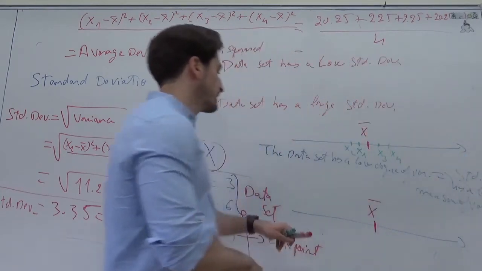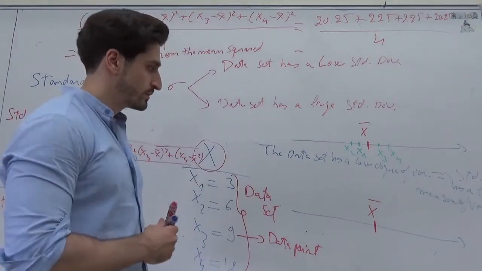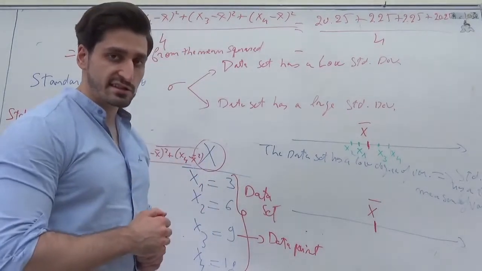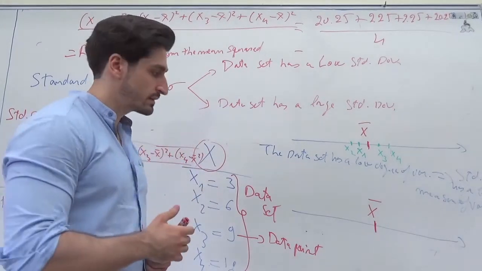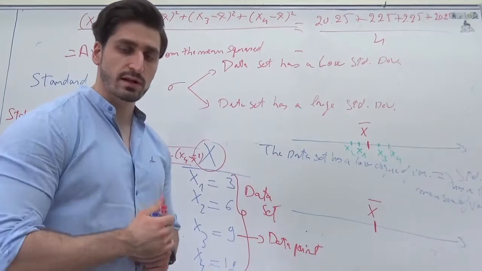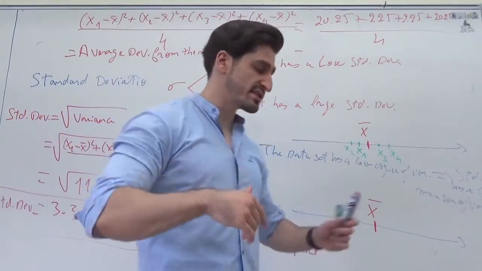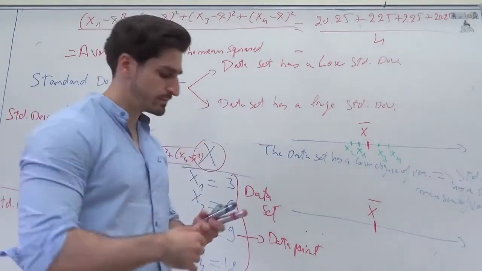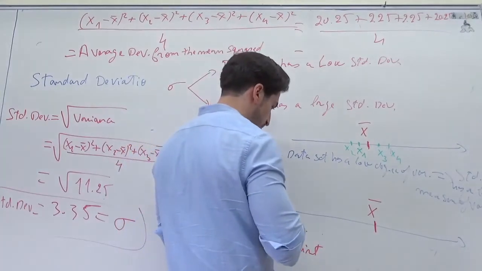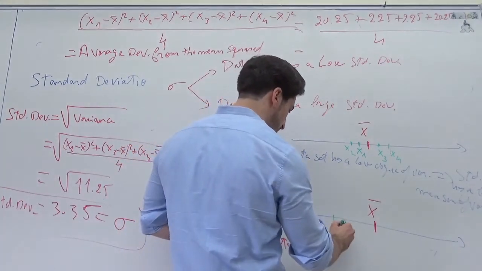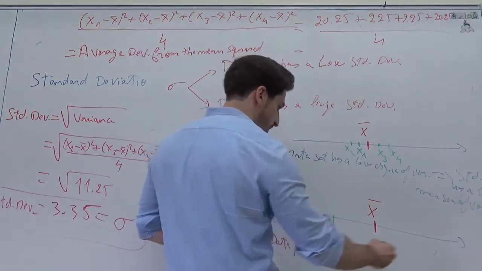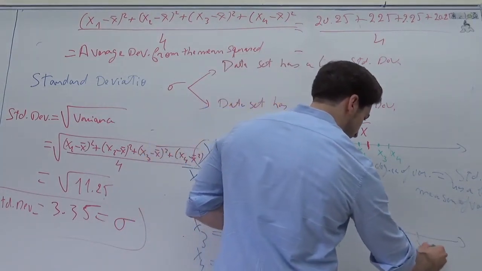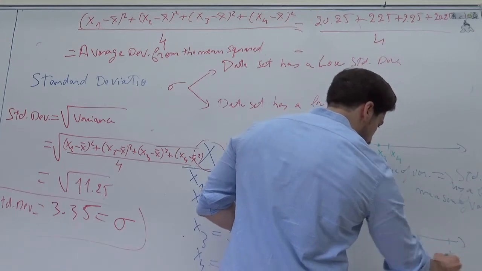Now regarding the second case, for the second horizontal axis, now we are going to consider that our data points are varying further away from the mean. So now the average deviation between the entire data set and the mean grew larger. So let's say over here now you have x1, over here let's say you have x2, over here you have x3, and over here you have x4.